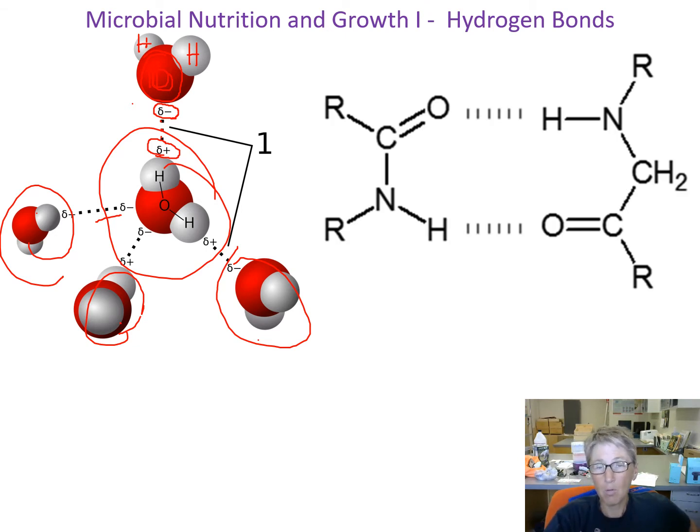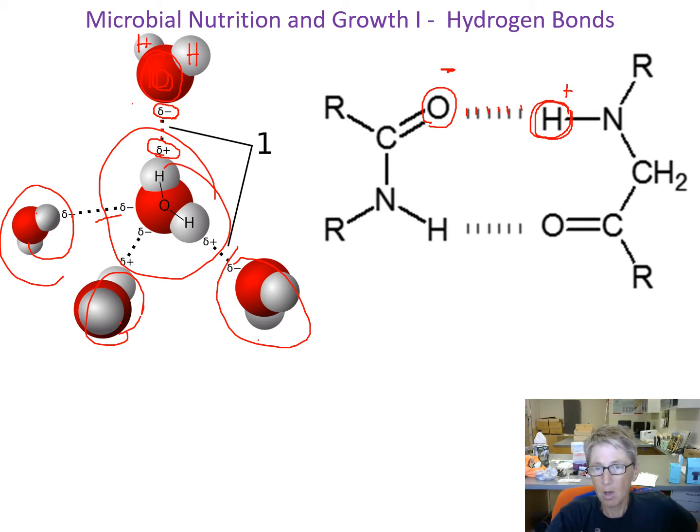Hydrogen bonds not only form between water molecules, they can form between any electronegative, partially negative oxygen and a partially positive hydrogen atom. And then here are these dashed lines that show this is a hydrogen bond. So remember, this is partially negative, and this hydrogen is partially positive, so they'll form a hydrogen bond.